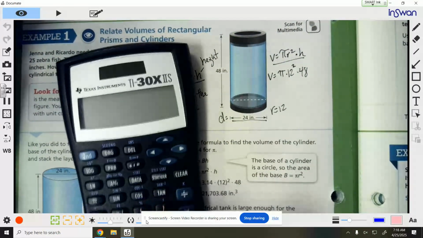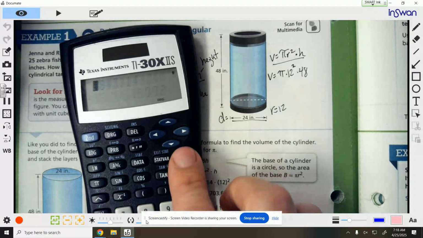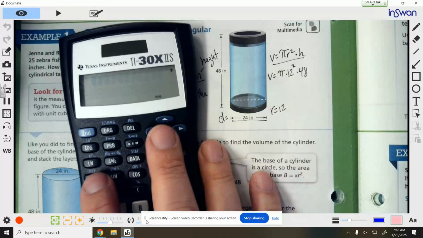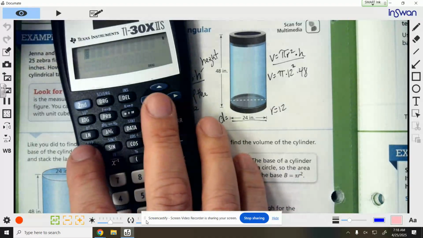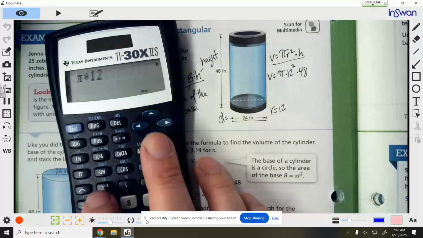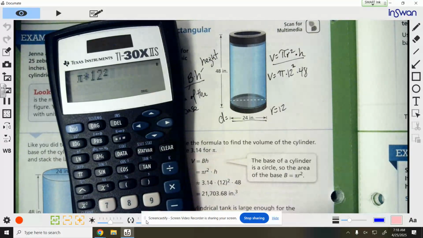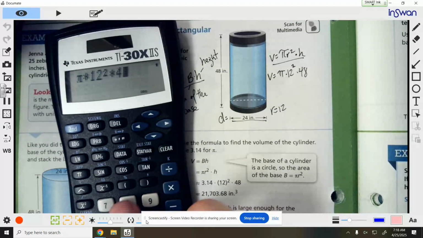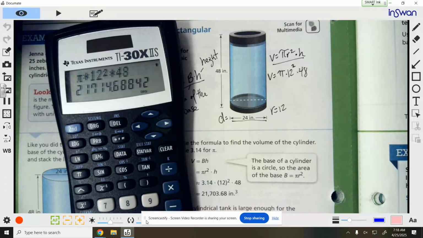All right, I'm going to go ahead and use my calculator, and I'm going to use the pi key. So just remember, we do have a pi key there. So pi times 12, and then I'm going to square it, and then times 48 equals.